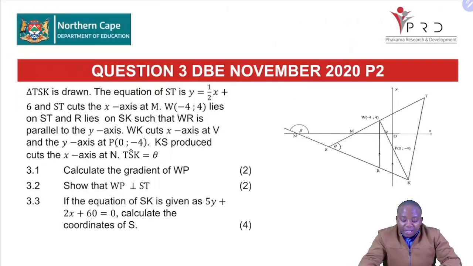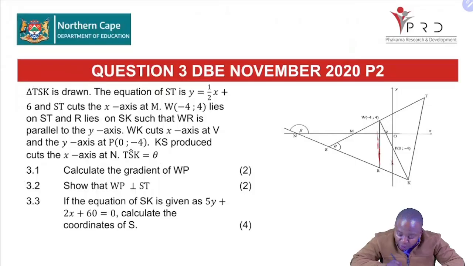Welcome back, grade 12. Now, let us focus our attention on the solutions of this activity. Without just looking at the statement, let us analyze our diagram. What do we see in our diagram? We can see we have WR being parallel to the y-axis. We are given STK, an angle alpha, and a beta.